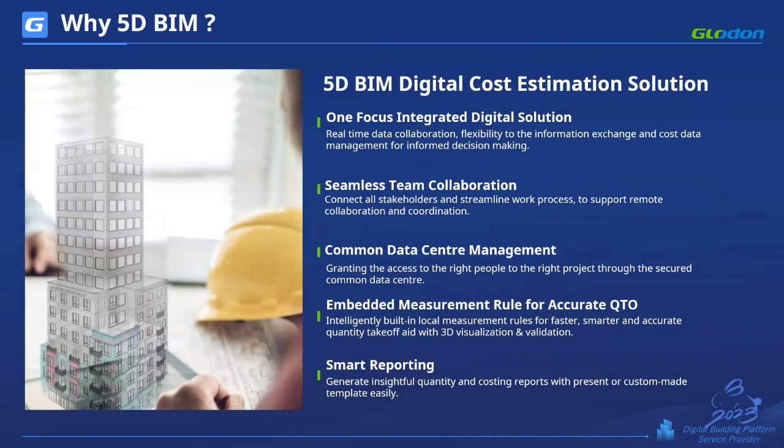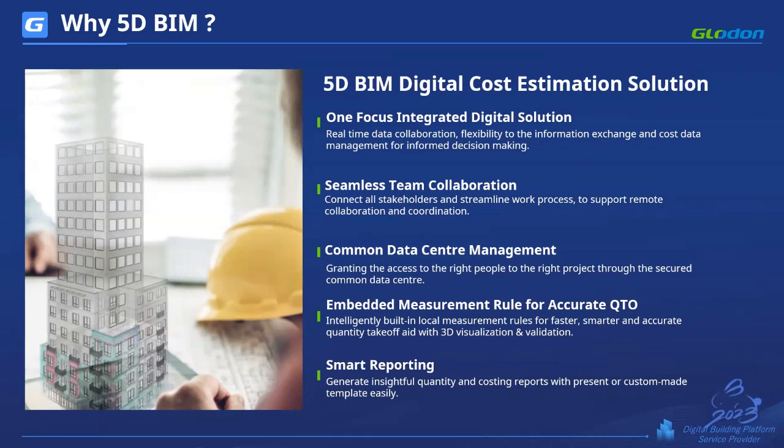Then 5D BIM digital cost estimation solution. Okay, so one focus on integrated digital solution. Okay, so you can collaborate with your team smoothly by using this technology. Okay, so you can have common data center management. Most importantly, these software are embedded with the measurement rule. I will explain to you the importance of that.